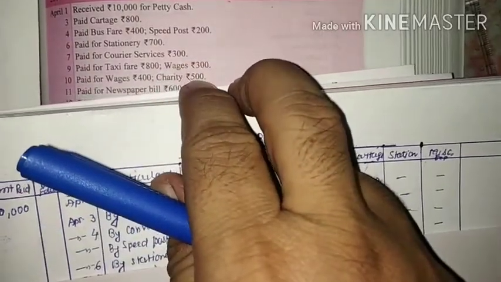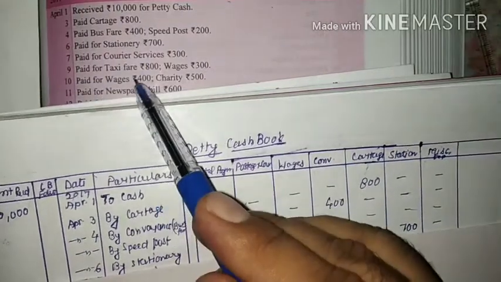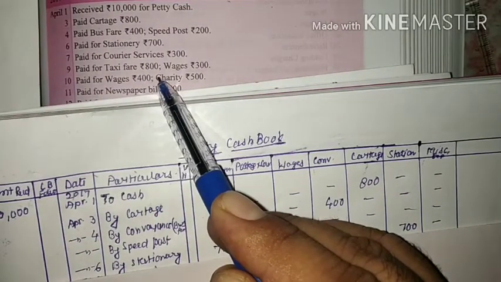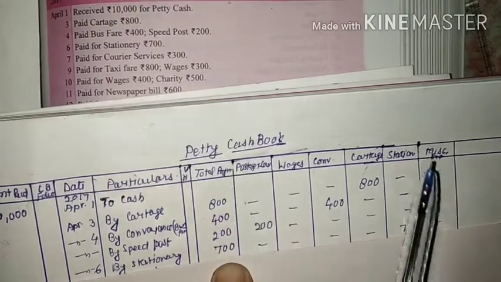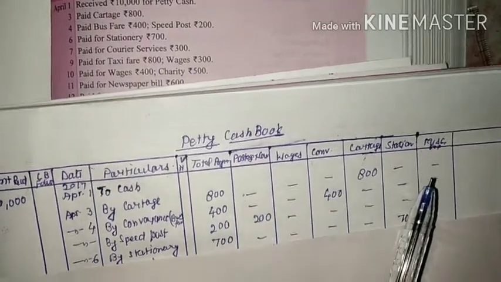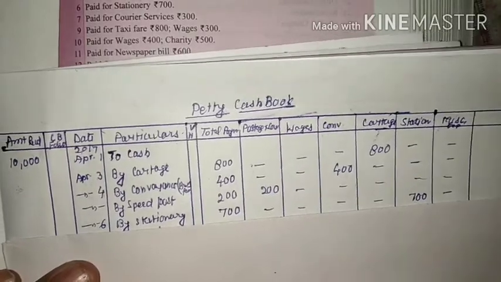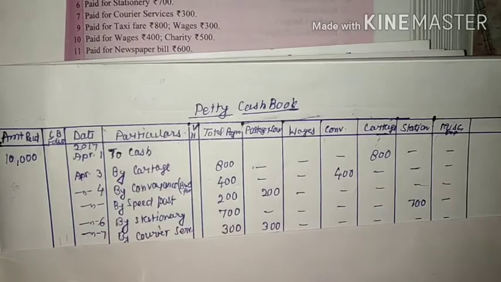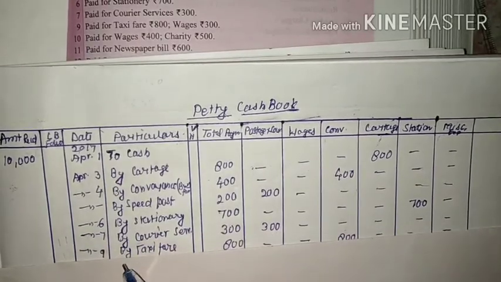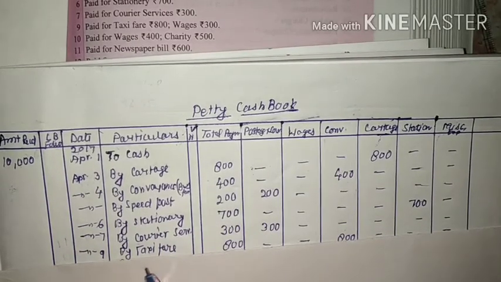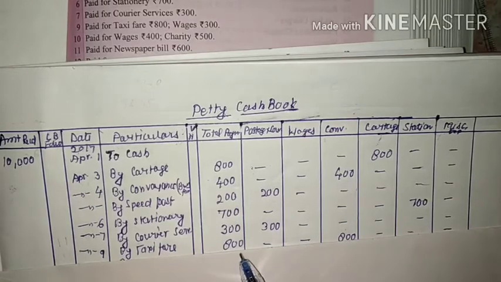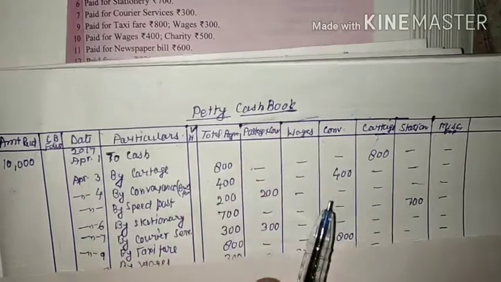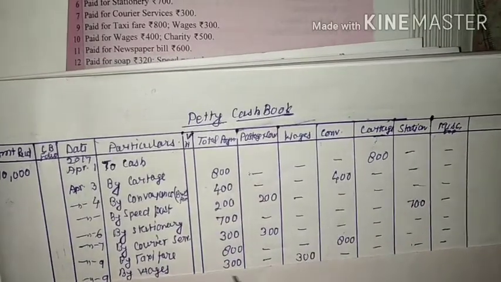8th is there, and 9th is there, paid for taxi fare 800 rupees and wages 300. So on 9th, we show taxi fare 800 rupees here, and wages is also paid on the same day, wages 300 rupees.